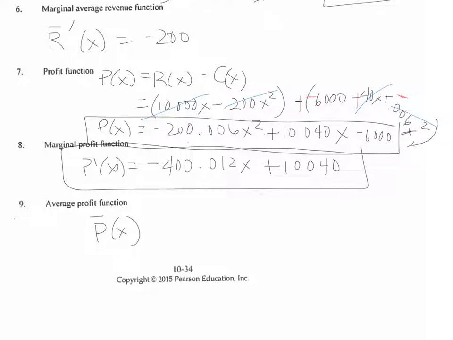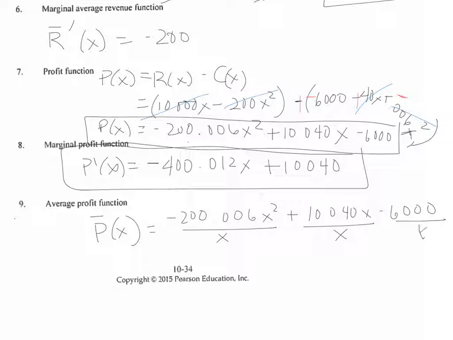I've got to take the original profit function, which we found to be negative 200.006x squared plus 10,040x minus 6,000, and then we do what to each term? Over x. Divide each one by x. And that's going to give us x squared on top, x on bottom.